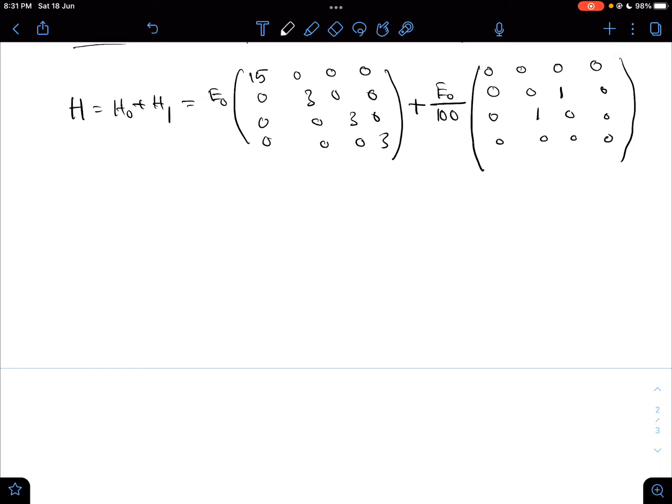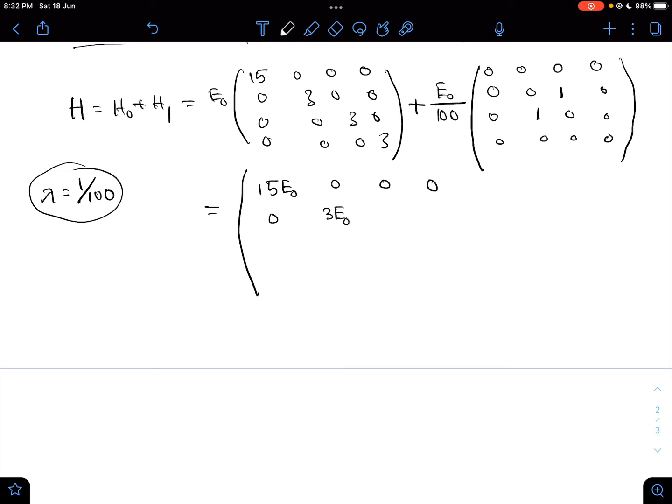So for convenience, let us write lambda to be 1 by 100. We are just writing this lambda to keep track of what we have done before. So our total Hamiltonian will be 15E0 0 0, and here we have 0 3E0, and this will be lambda E0, this will be lambda E0, so 3E0 0, and here we have 3E0.